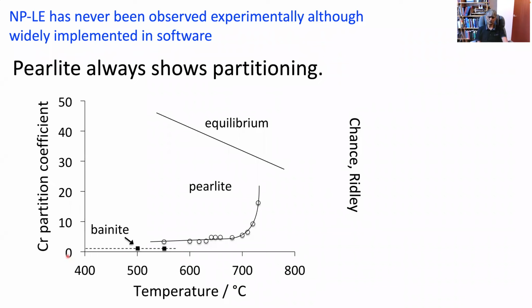That's not the case for displacive transformations, where you can definitely get no partitioning, but by a different mechanism. Okay, so there's never been a case of pearlite where you don't have the partitioning of substitutional solutes.